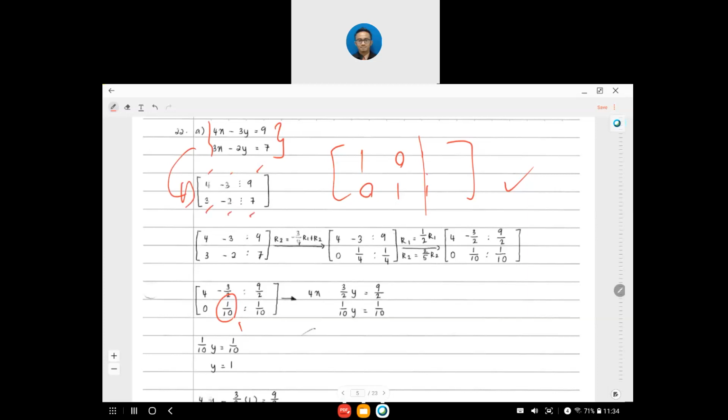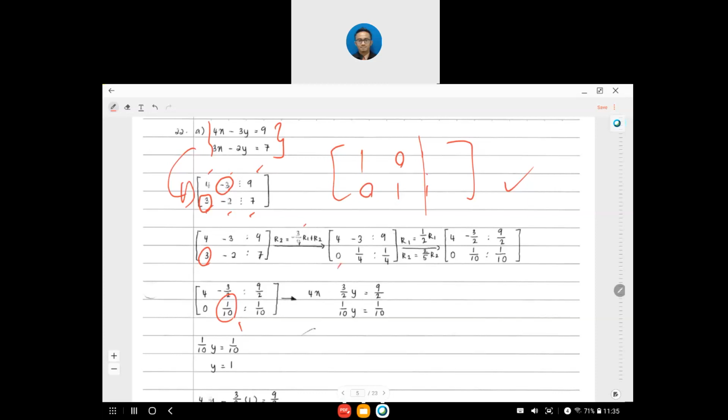So now by using the augmented matrix, you need to change these two values to become 0. But you have to do it one by one, you cannot do it simultaneously. So first your friend changes this one. So negative 3 over 4 R1 plus R2.